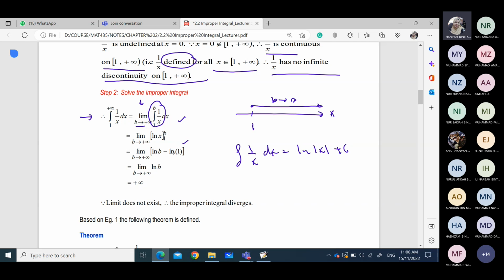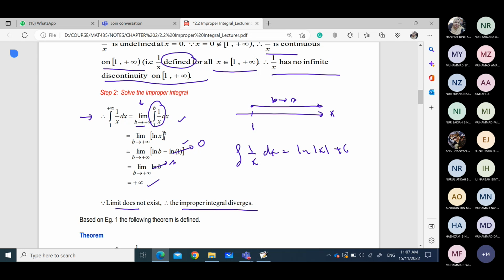Okay, so natural log of 1, it is 0. So natural of b approaching to infinity, you akan dapat apa dia? Infinity. Okay. So here, the improper integral, which is integral 1/x with the interval 1 to infinity, it is approaching to infinity. Okay. So the limit does not exist. Therefore, the limit ataupun therefore the improper integral diverge.